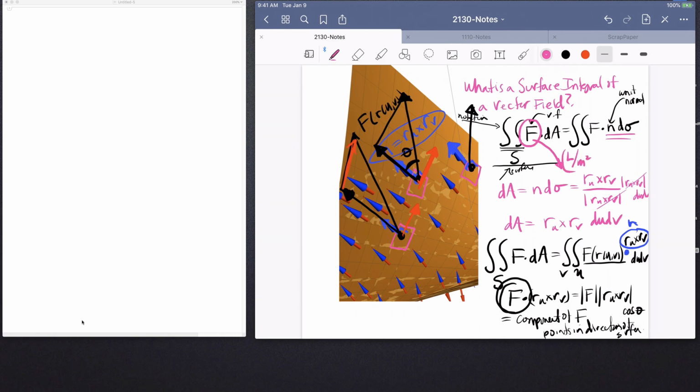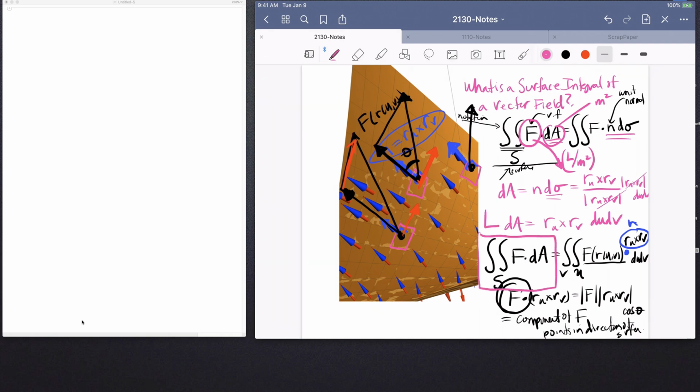So we have a flow rate, right? The vector field might come out in liters per meter squared. And dA, because of its definition here, is going to have the units of d sigma, which is meters squared. So liters per meter squared times meter squared will indicate that the whole integral itself has the units of liters.